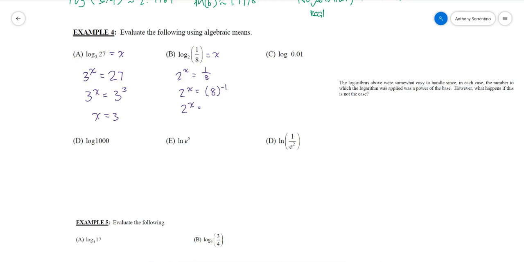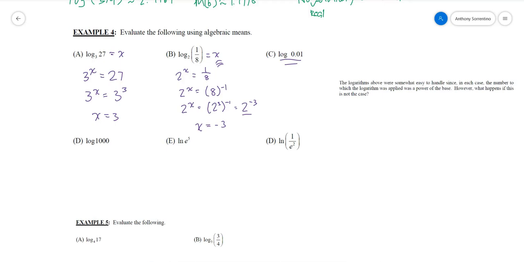Now, 8 is 2 to the 3rd power, 2 times 2 times 2, which means this is 2 to the -3 power. So as I have 2 to the x equaling 2 to the -3, it means x has to be -3.